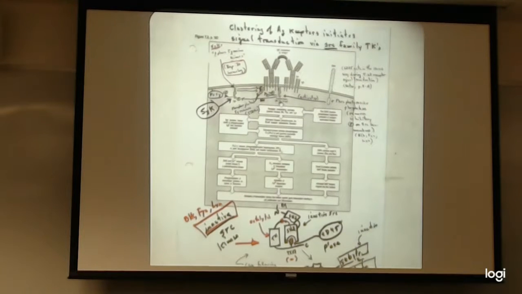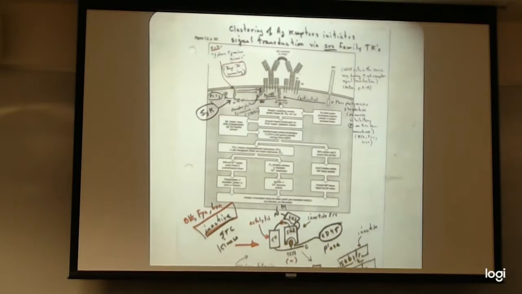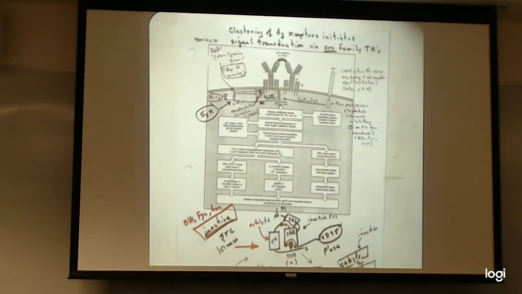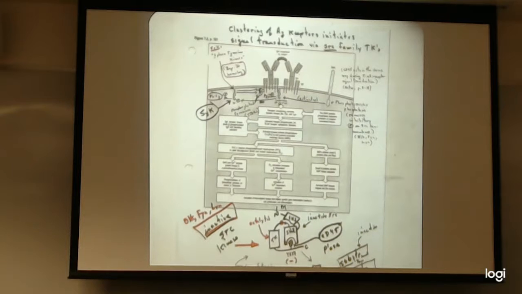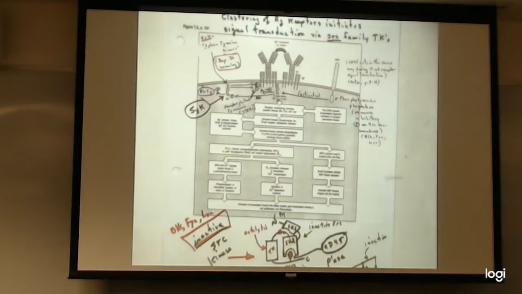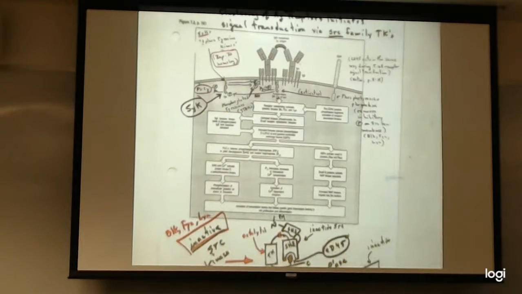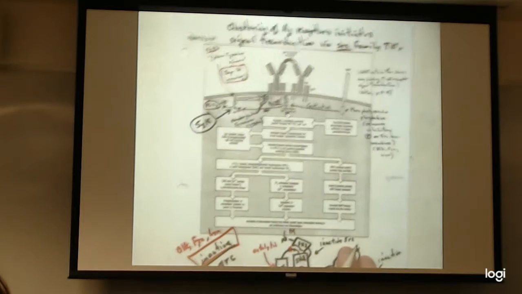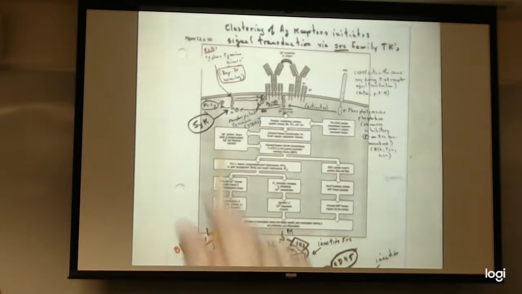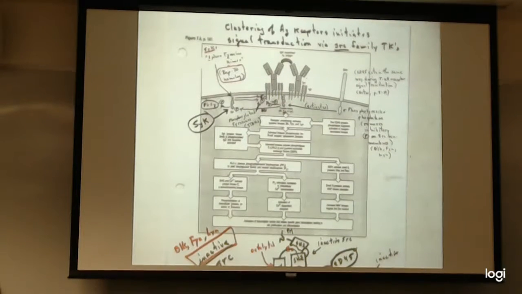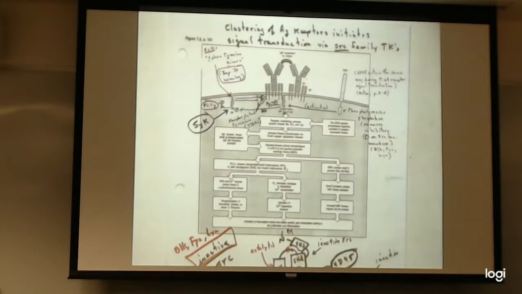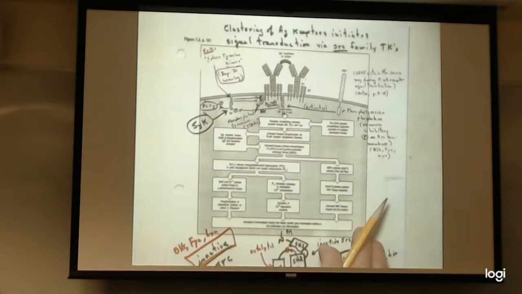Not so horrifying because, as I told you, for T cell receptors, I'm not going to hold you to being able to reproduce all these pathways on an essay question or something like that. There are a few key things you should know, but I told you, I talked about them. As in the case of the T cell receptor, again, we're going to turn on phospholipase C gamma and PI3 kinase pathways as we did for the T cell receptors.